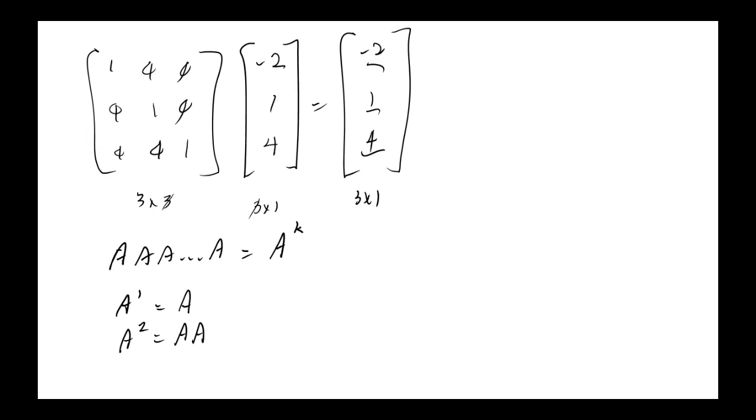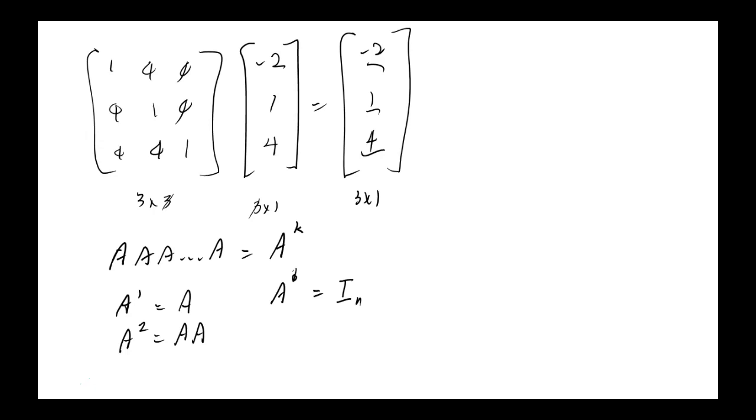Now, just for funsies, what do you think A to the 0th would be? Which is sort of a bizarre concept. Not 1. I. And whatever size, remember these are all square matrices, it has to be the same size as A. Okay?